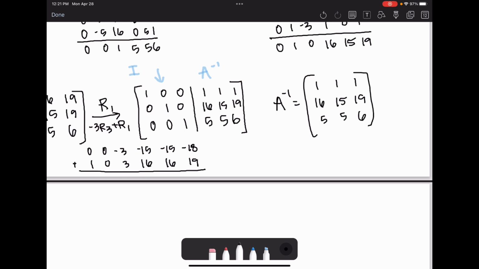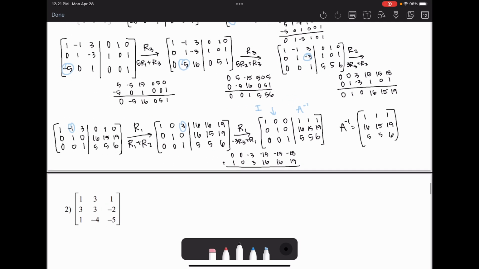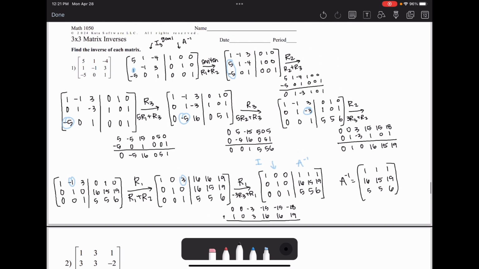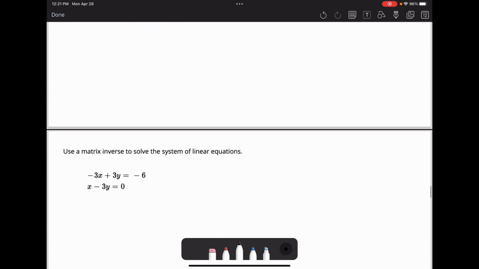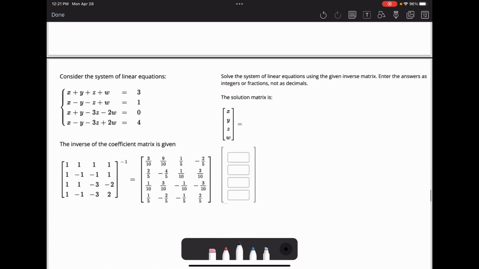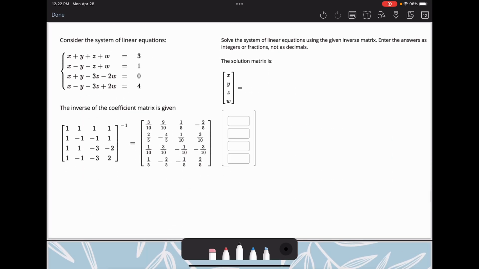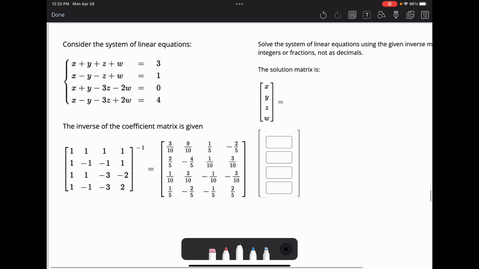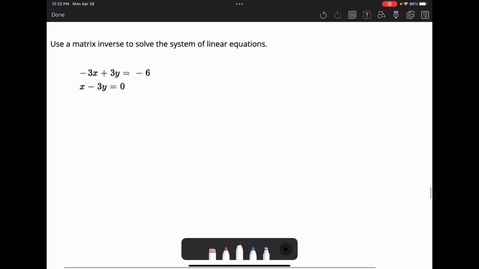So you might be wondering what the point is of having the inverse. Some questions on your homework might just ask you for the inverse, but there are questions like this where you're solving a system of linear equations and you need the inverse.